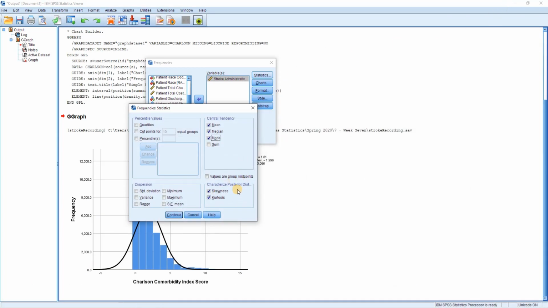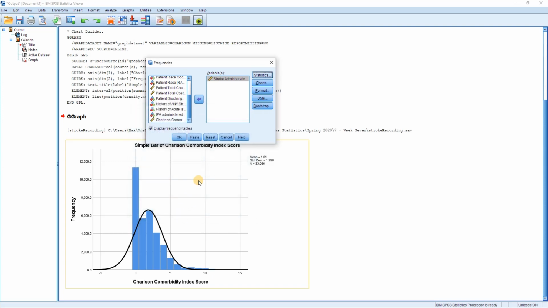So I now, like I mentioned, enabled my skewness and kurtosis and my mean, median, and mode for my SASE variable. I'll click continue. You can display the frequency table, but as noted here by this ruler, the SASE variable is a continuous variable or a scale variable in my dataset.